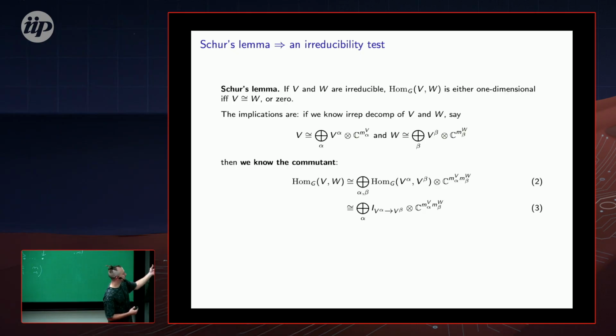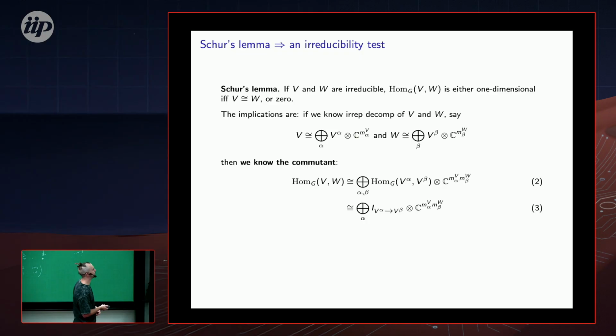So in equation 2, we just explicitly expand what this is, but then we use the fact that the G-invariant maps between two irreps can only be the delta from alpha to alpha. The beta there should be an alpha.